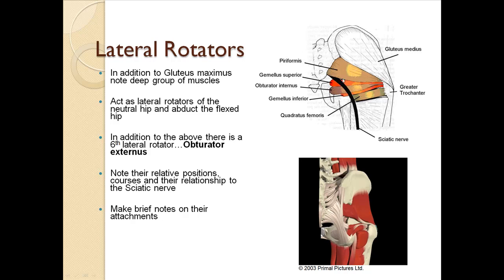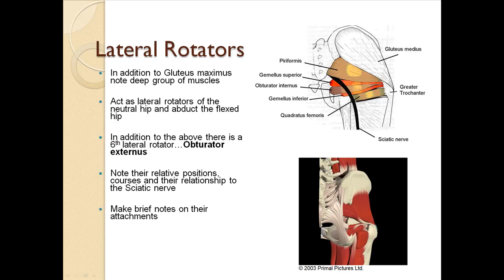And then deep to these, there is obturator externus. All of these muscles pass from pelvis towards the greater trochanter, and their function is to produce external rotation or lateral rotation of the hip joint.